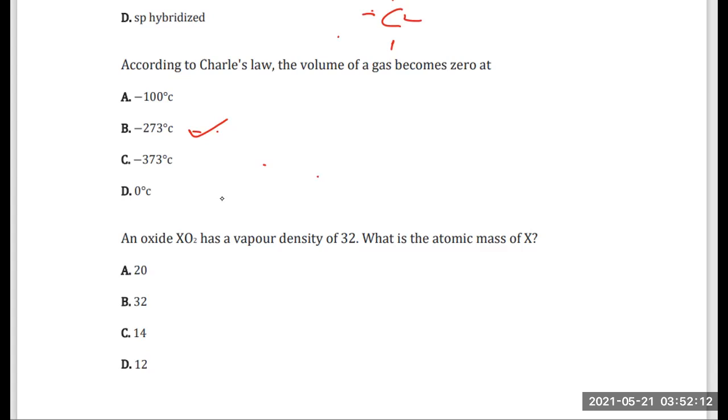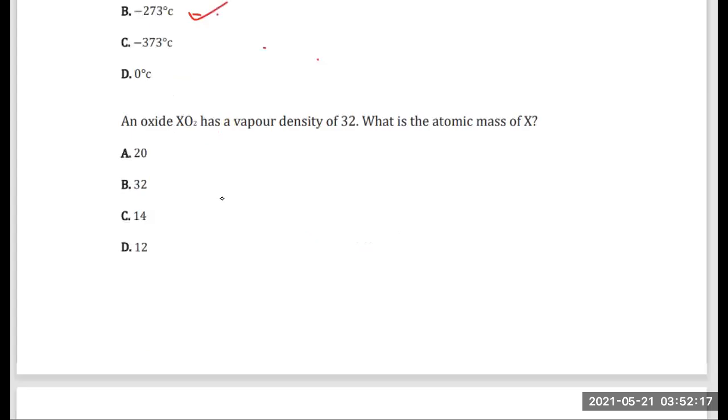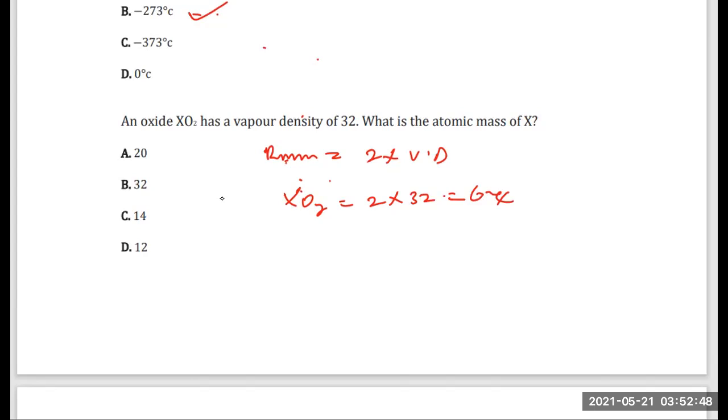An oxide XO2 has a vapor density of 32. What is the atomic mass of X? How do we solve this? Remember that relative molecular mass is equal to 2 times vapor density. So all I need to find is the relative molecular mass of XO2. That will be 2 times 32, which is 64. But that is not our final answer, because they are not asking us for the relative molecular mass of XO2.